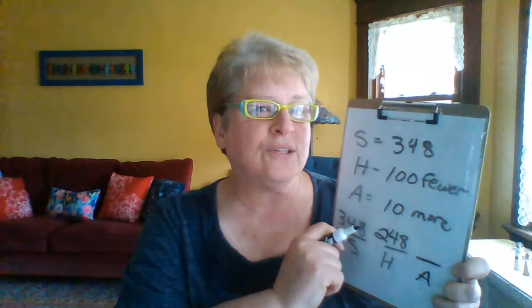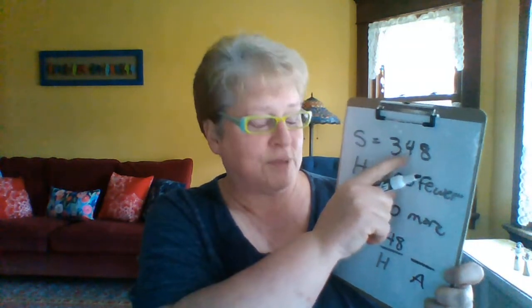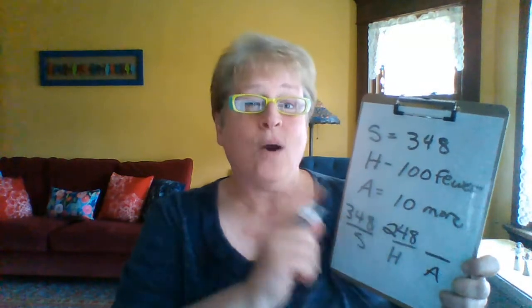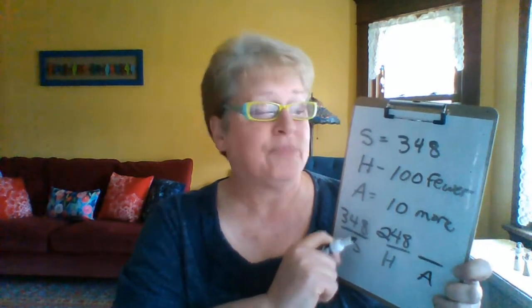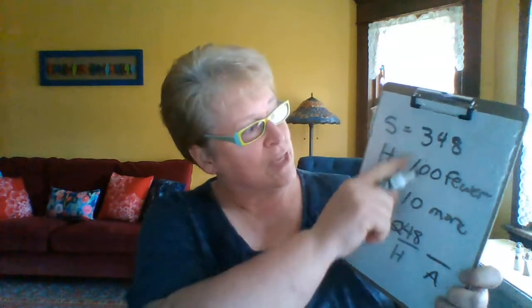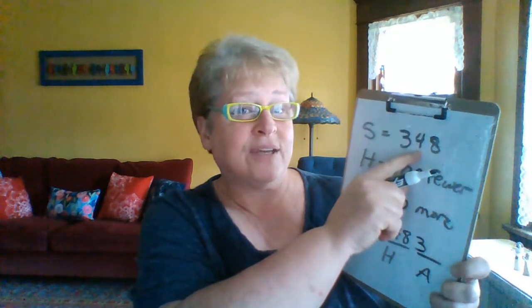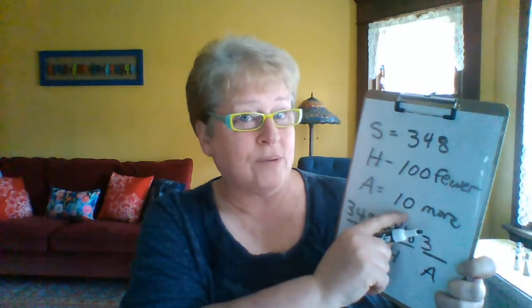Now A has 10 more than S. And so we're only going to look at the tens column. If S has 4 groups of 10 and A has 1 group of 10 more, 4 groups of 10 plus 1 more group is 5. So A is still going to have 300, but now the group of 10 is going to be 1 more group.